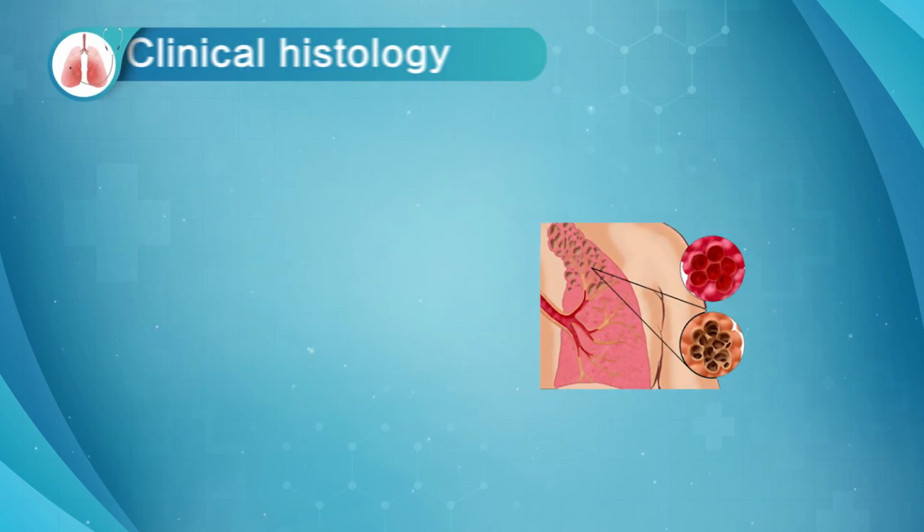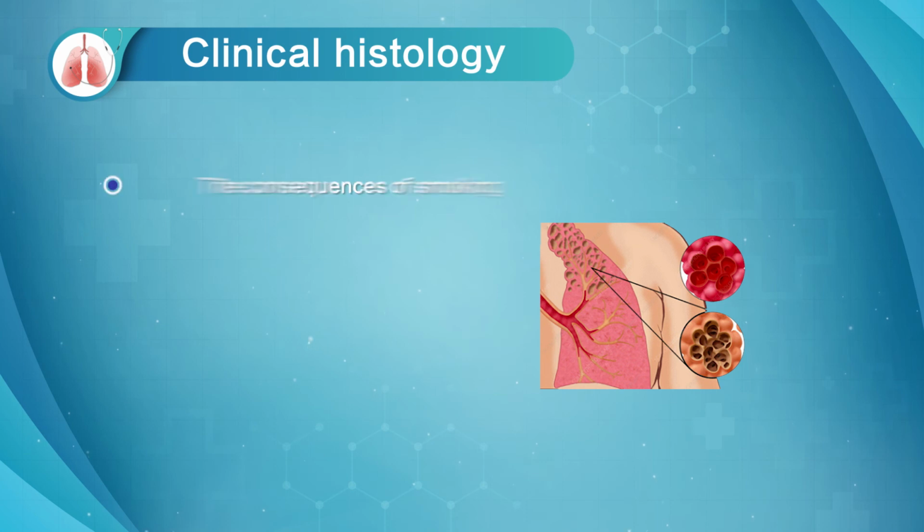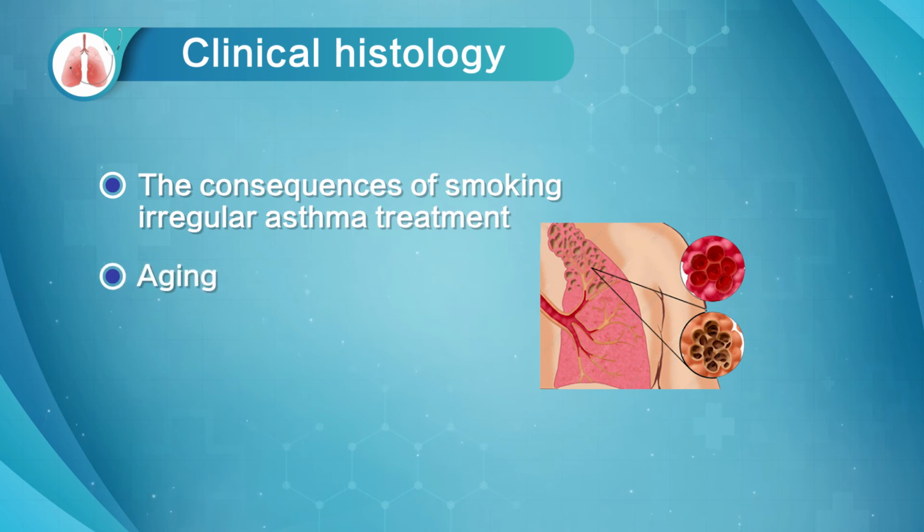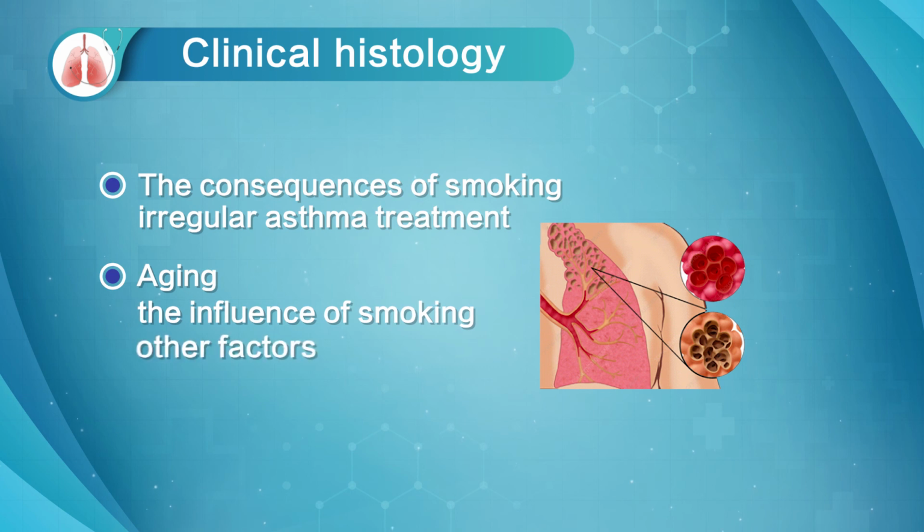When Hu Qi was young, she did not realize the consequences of smoking and irregular asthma treatment. However, with aging and the influence of smoking and other factors, structural lung damage will occur.